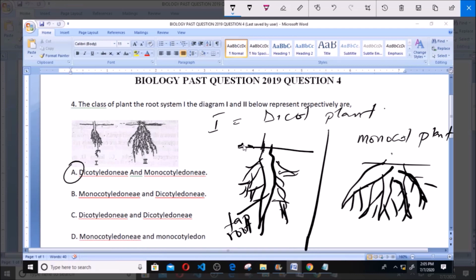This kind of root is called a fibrous root. Now from my diagram and explanation, you will agree with me that I is a dicot plant and II is a monocot plant.